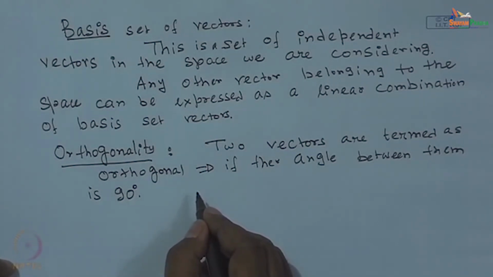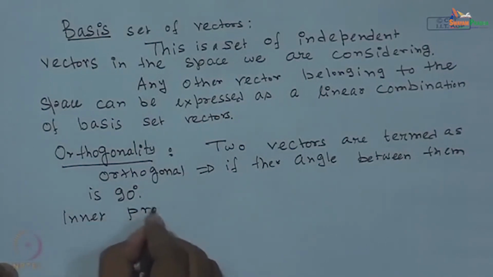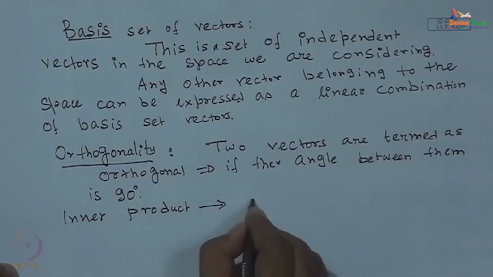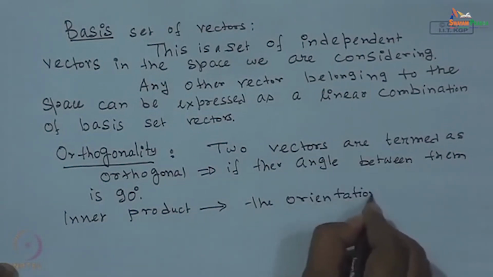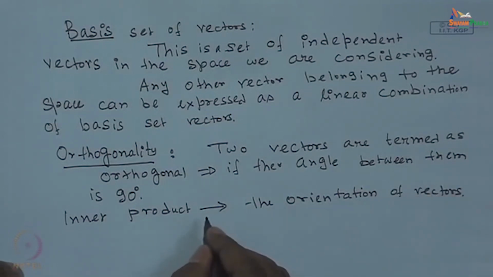In other words, the property of vectors that indicates the orientation of two vectors is the inner product. So, this has a direct implication on the inner product of the two vectors, because the inner product indicates the orientation of vectors. If you remember, the inner product is nothing but the dot product of the two vectors. The dot product is the product of the magnitudes of the individual vectors multiplied by cosine theta, where theta is the angle between them.